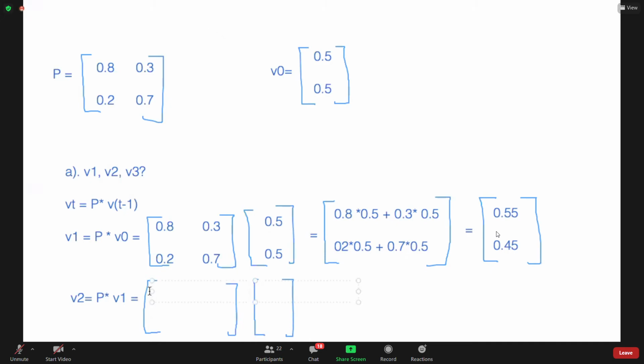So our transition matrix doesn't change. It's 0.8, 0.3, 0.2, 0.7. What about our V1 vector? Our V1 vector has changed into this one that we just calculated here. So 0.55 and 0.45. Again, we do the calculus.